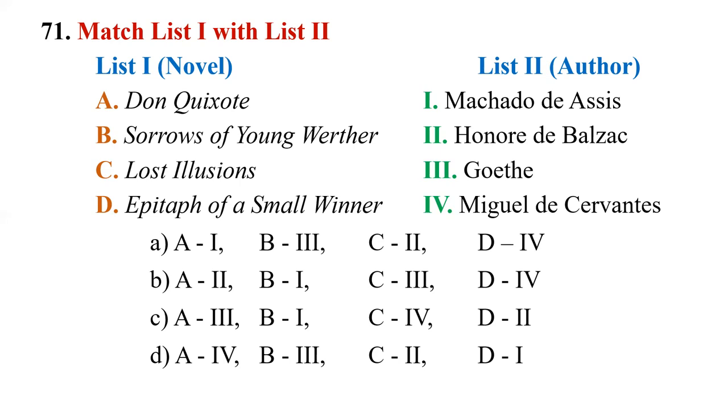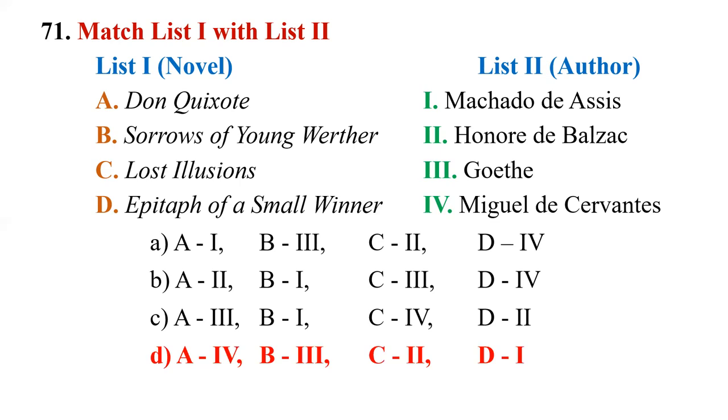The answer is a straight one, A4, Don Quixote, Miguel de Cervantes. This novel you should know because it is considered the first modern novel in the world. Then if you know this, there is only one option which starts with A4, that is option D, right? So that is the answer, option D, A4, Don Quixote written by Miguel de Cervantes.